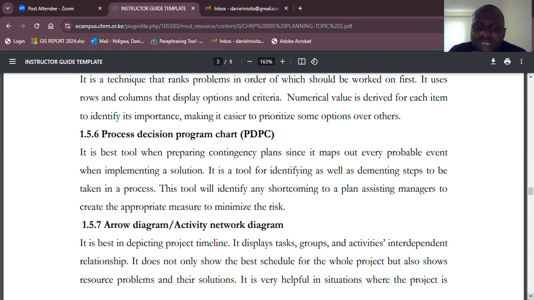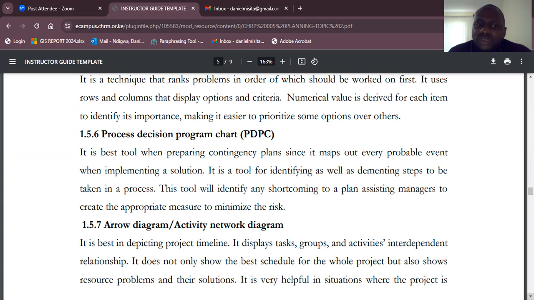So these tools will identify any shortcoming in a plan, assisting managers to create the appropriate measures to minimize risk. So one of these reasons is to be able to minimize risks. Remember, any level of organization experiences some level of risks. So as managers, it's upon you to come up with ways on how you are going to minimize some of these risks.